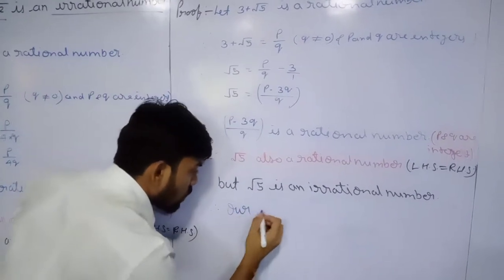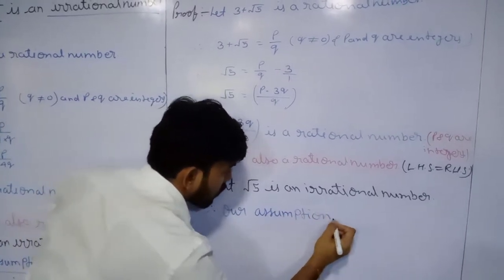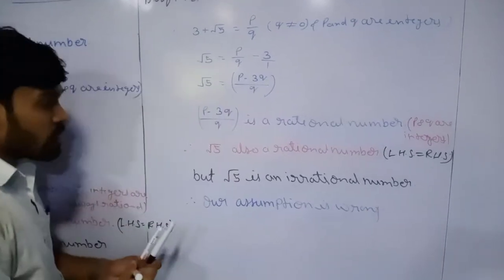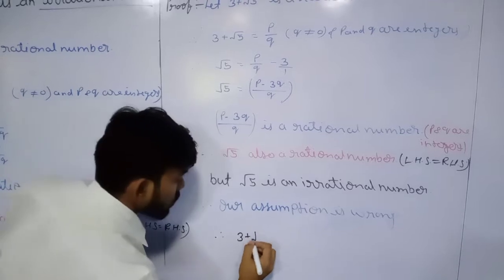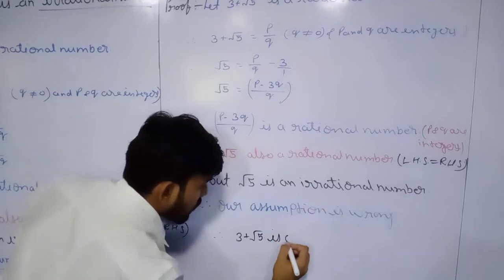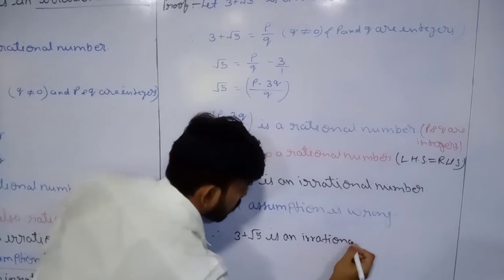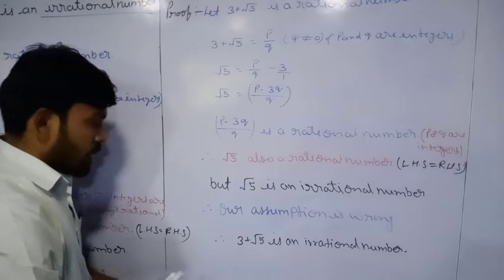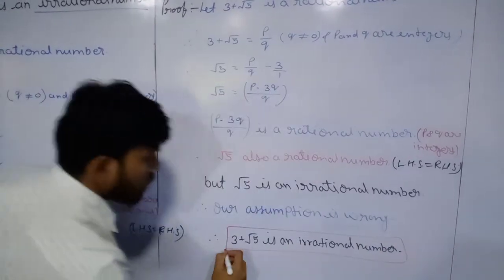Therefore, our assumption is wrong. If our assumption is wrong, that means 3 plus root 5 is an irrational number. We proved that 3 plus root 5 is an irrational number.